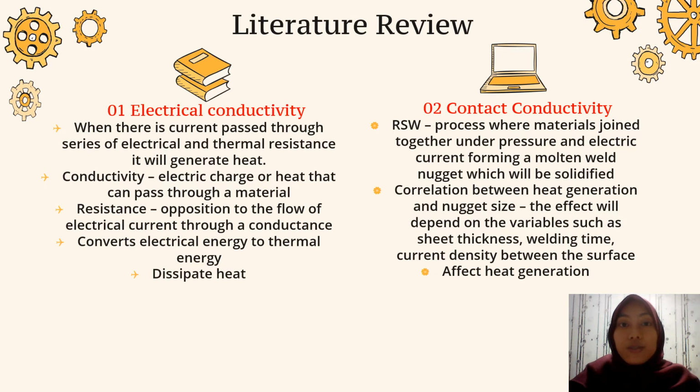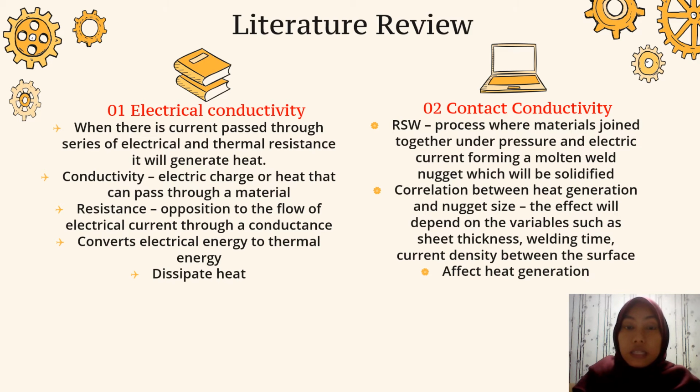Moving on, the second literature review is on contact conductivity. Resistance spot welding is a process where materials are joined together under pressure and electric current, forming a weld nugget which then solidifies.